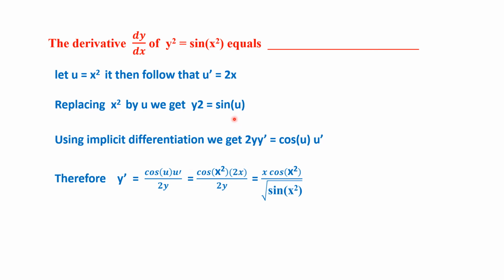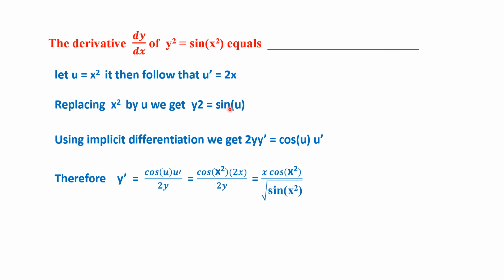So cosine x squared times 2x divided by 2y. The 2 goes with the 2, so it will be x cosine of x squared divided by y.